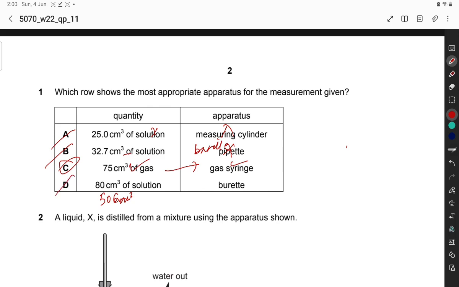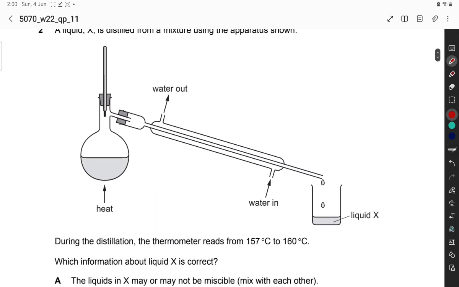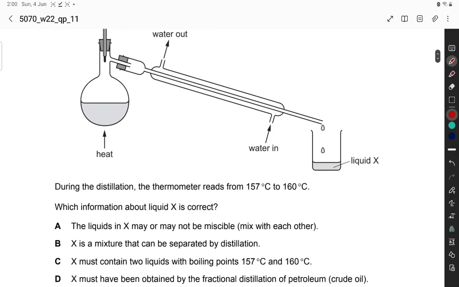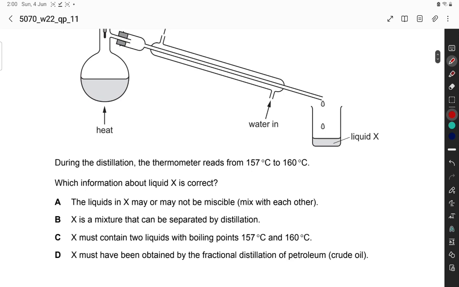Question number 2. Liquid X is distilled from a mixture using the apparatus shown. During the distillation, the thermometer reads from 157 degrees centigrade to 160 degrees centigrade. Which information about liquid X is correct?